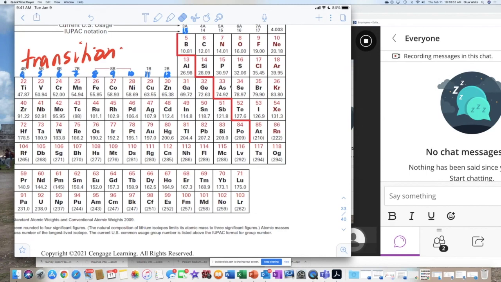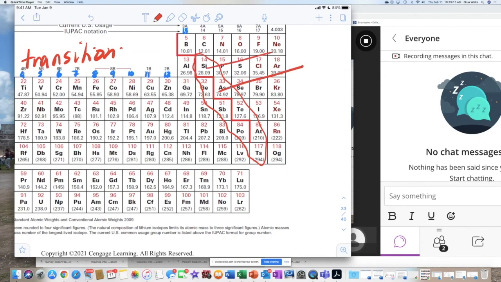If you've ever traveled to see that, the culture tends to blend in, kind of like a tie-dye of culture. You see some of the elements of the culture across the border where you are. Well, it just so happens elements do the same thing. The elements very close to the border of the metals and non-metals tend to have both properties, okay?